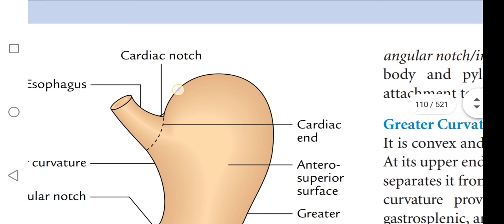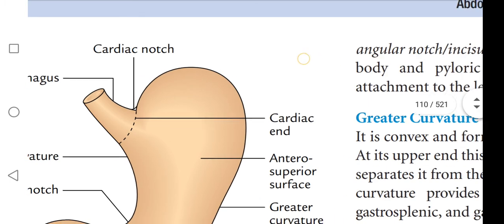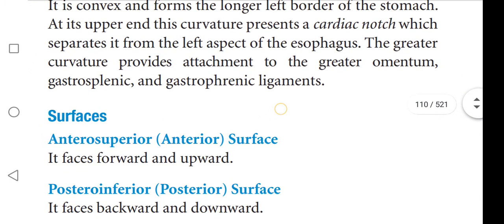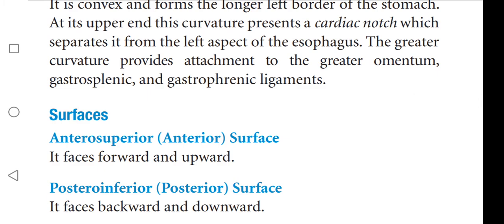If you see this diagram, this greater curvature forms the cardiac notch. The attachments to the greater curvature are the greater omentum, gastrosplenic and gastrophrenic ligaments.